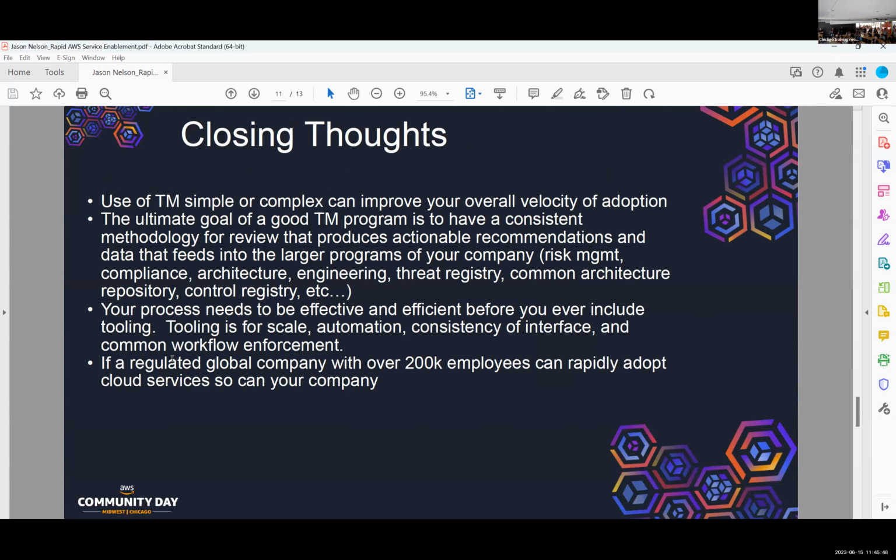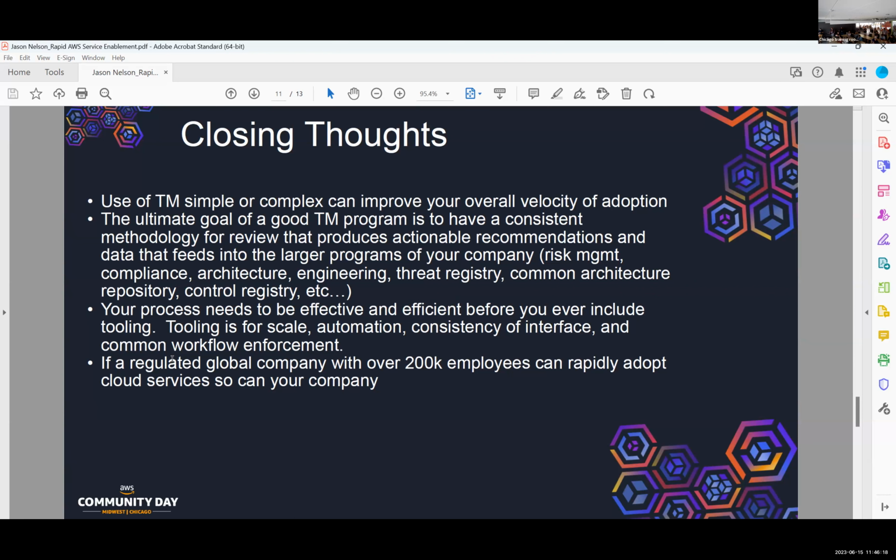All right, I know I'm pretty much getting to the end, I wanted to save room for questions. Whether it's a simple or complex process, it's kind of up to you where you want to be and how mature you need to be. I think a lot of the things you might consider in a threat modeling program, and how you can move more quickly into the environment and reduce your time to market metric, are going to come from increasing your maturity in this type of process.